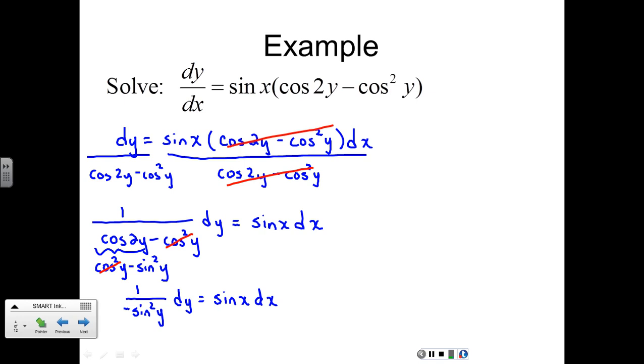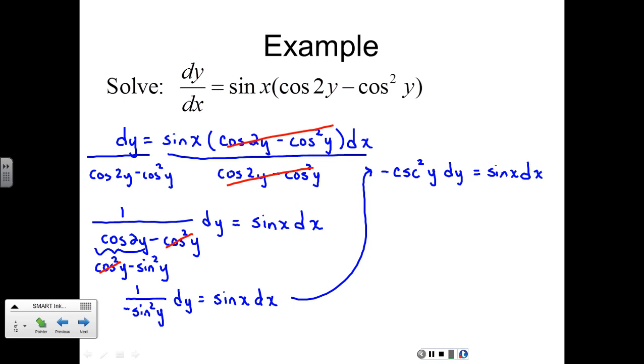What's 1 over sine? Cosecant, and it's negative here, right? So negative cosecant squared y dy equals sine of x dx.